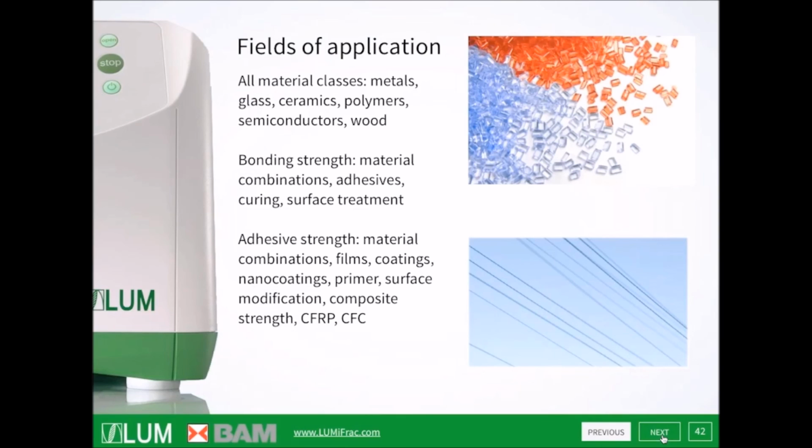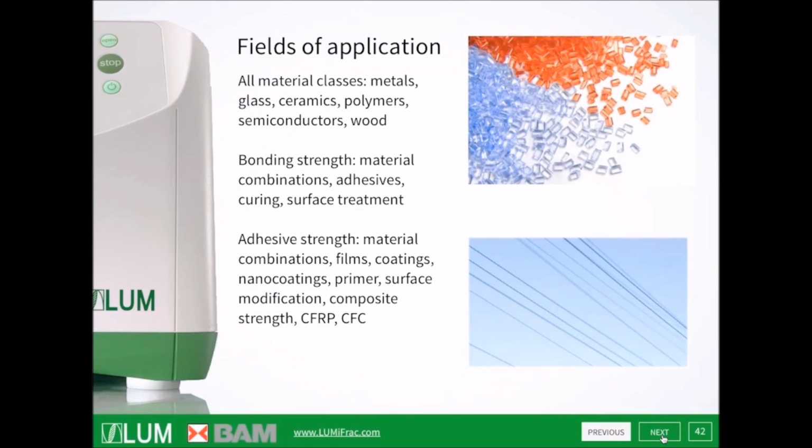We can measure bonding strengths in different directions, different tasks. You can test and analyze material combinations. You may analyze adhesives, how to cure the adhesives, or another very important point, how you have to treat the surface so that your adhesive gives you a high bonding strength.